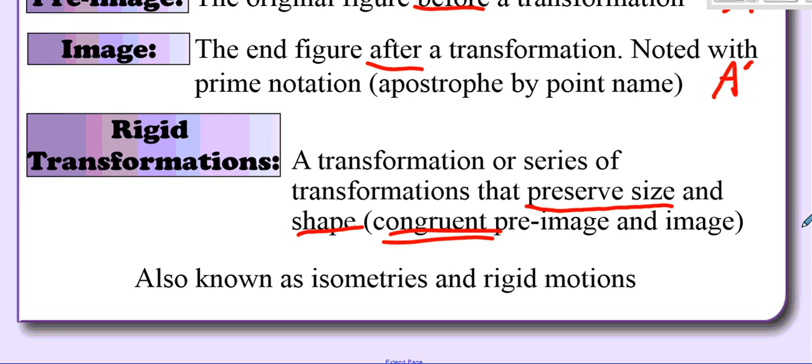Also, that's sometimes called a rigid motion or isometry. There's a chance that you will never hear the word isometry again, but it means so. Rigid motion, rigid transformation, you'll probably hear those a couple times. Isometry, maybe, maybe not.